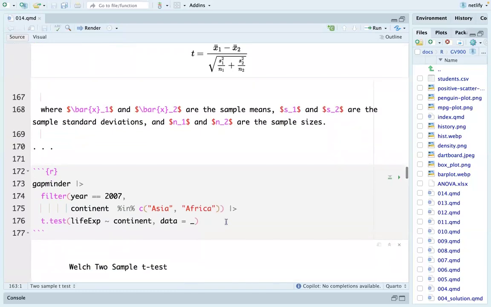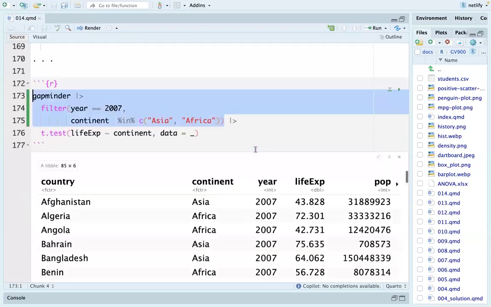So in R, we use the same Gapminder data, filter the year, and choose the continents Asia and Africa. So we can take a look at it.